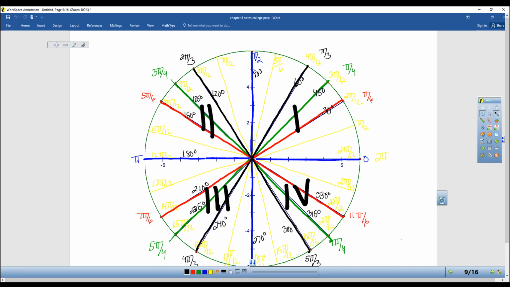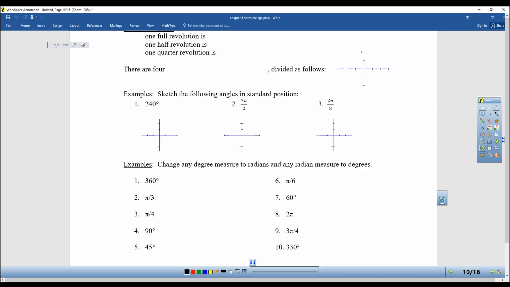Okay, so now you have both the degrees and the radians on there. So some of the ones I'd like you to have memorized is 360, same as 2 pi. Pi/3, same as 60. Pi/4, same as 45. 90 is pi/2.